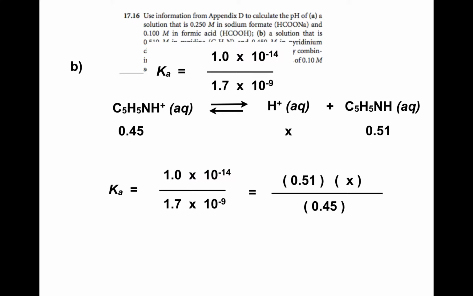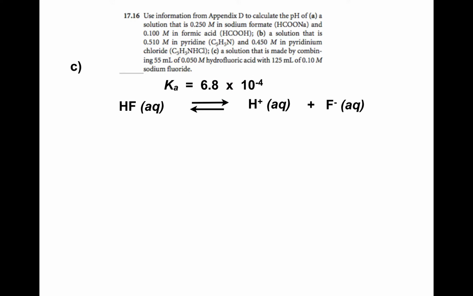I can ignore the change in the concentration of the weak acid and the conjugate base, solve for X, take the negative log and get the pH. So again, with a whole bunch of conjugate base in there, the pH is going up, right? You're suppressing the weak acid. Less of it's ionizing.